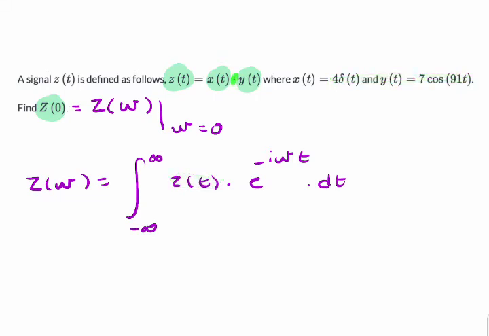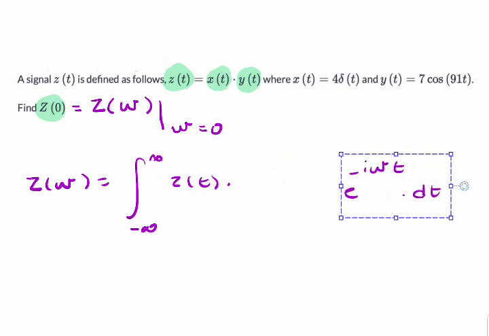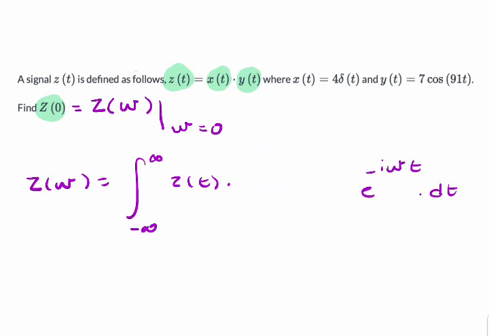So x times y, that's x, and that's y. So I will do that by moving that along, making some space, and writing this out. So it's 4 delta t times 7 cosine 91t.